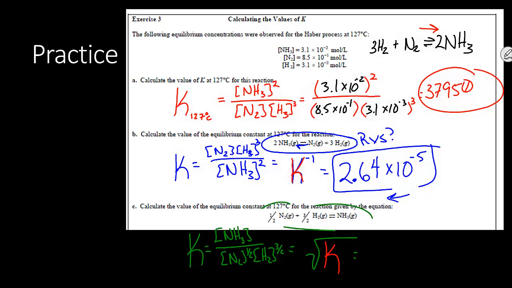So on my calculator, if I simply hit square root of 37,000, I get that half the reaction at 127 degrees Celsius would have an equilibrium constant of 195.